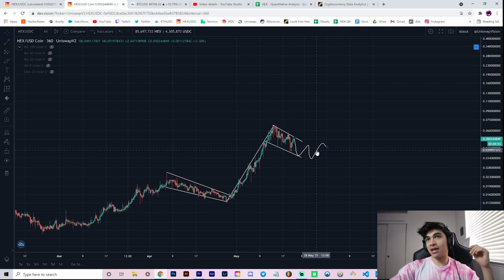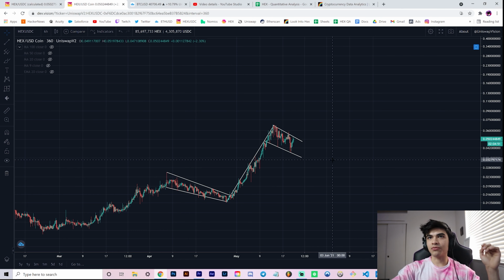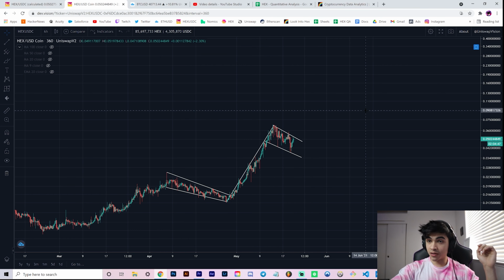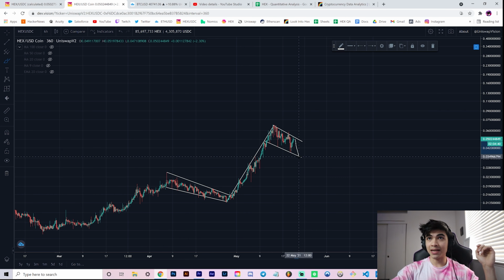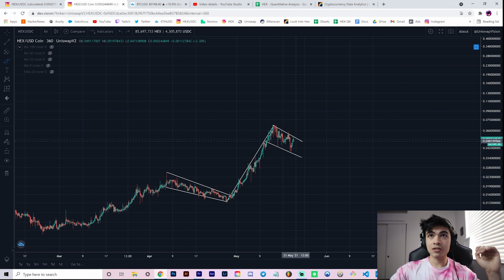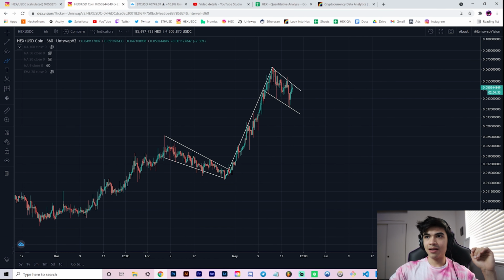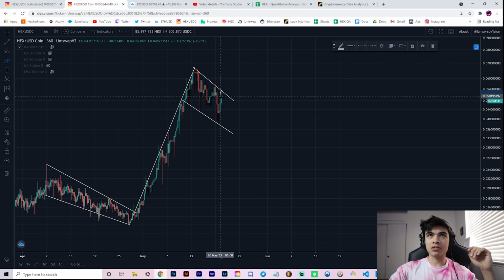So you could just say that, as long as this flag stays valid, then if we stay in it and we break to the upside, right, this could still break to the downside. There's a chance. I think it's more unlikely that we do something like this, but nonetheless, everything is still in the cards. The only thing I will say is that at any given moment, if we're at the top of the channel, it's more likely to break to the upside.